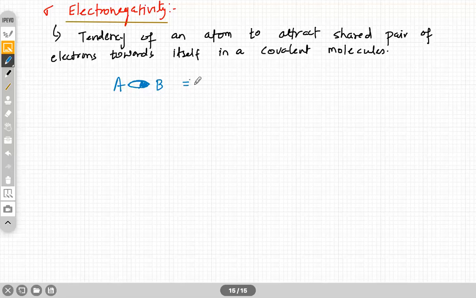This is true when the electronegativity of B is more than that of A. Shifting of electrons, like if you remember, I have just discussed, it is a tug of war between A and B, right? A will have the electron density if the electronegativity of A is more than that of B. Okay, this is electronegativity, the shared pair of electrons.